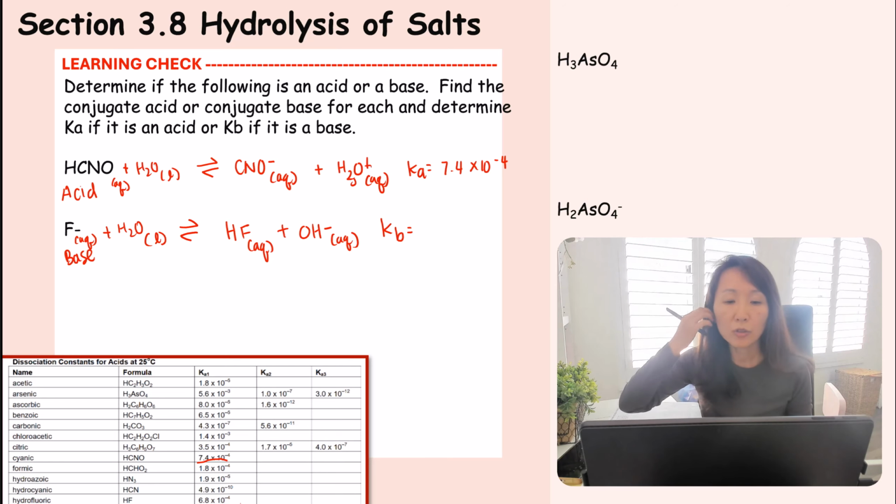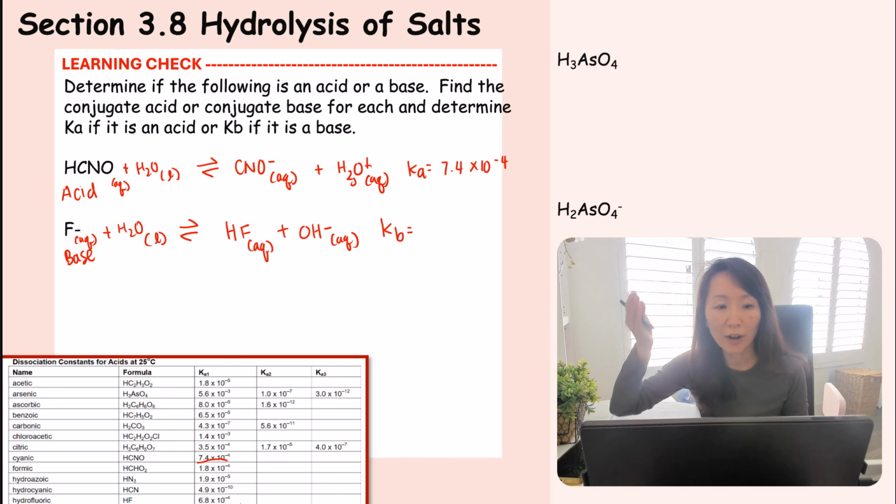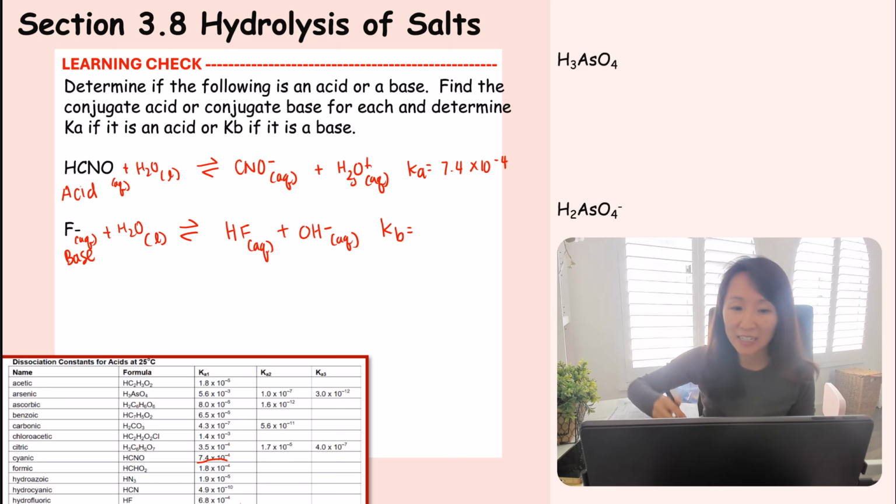So you go in your reference sheet again and look for F minus, and you'll notice the Kb value isn't there. But you know the Ka value of its conjugate acid. So we know that the Ka of HF is equal to 6.8 times 10 to the negative 4.